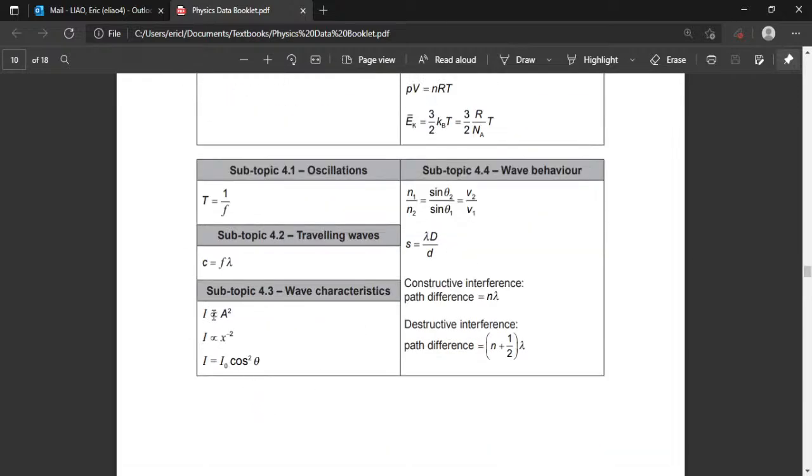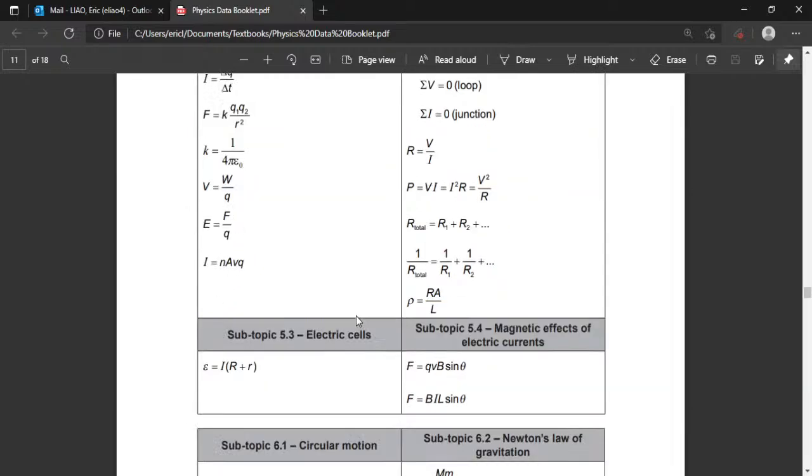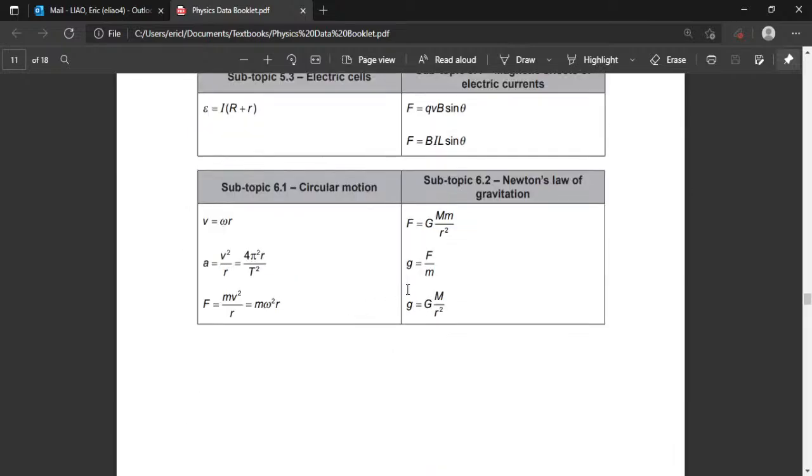It does say intensity is proportional to A. Is this amplitude? I reckon this is amplitude, so we'll stray away from that one.